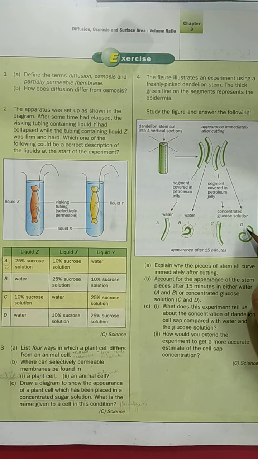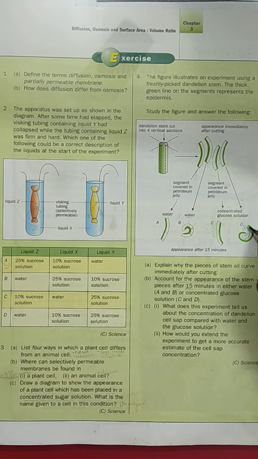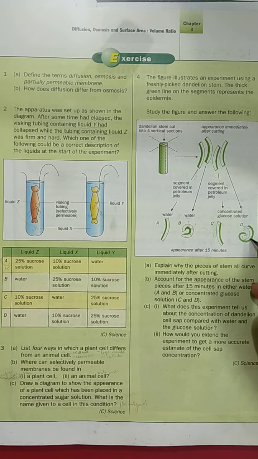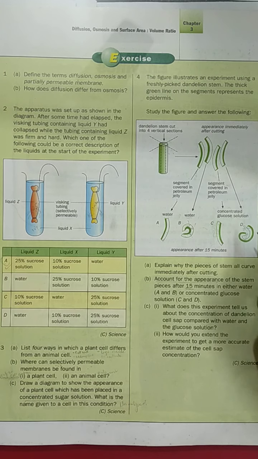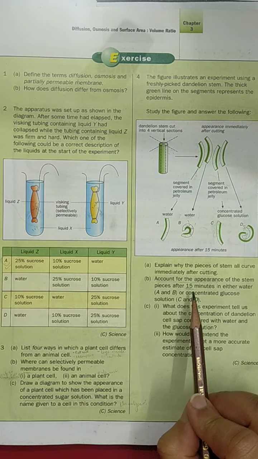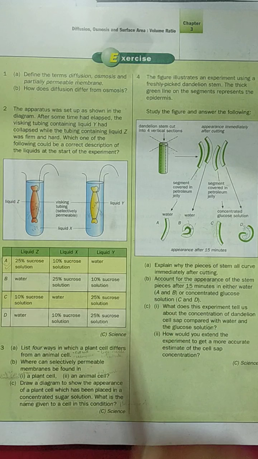As it is present in the concentrated glucose solution, water will move out from higher water potential to lower water potential, due to which these cortex cells shrink, and due to their shrinkage, this darker epidermal portion is curved in the opposite direction. So for that reason its shape is changed. Clear? So this is the answer of question number 4, B part.